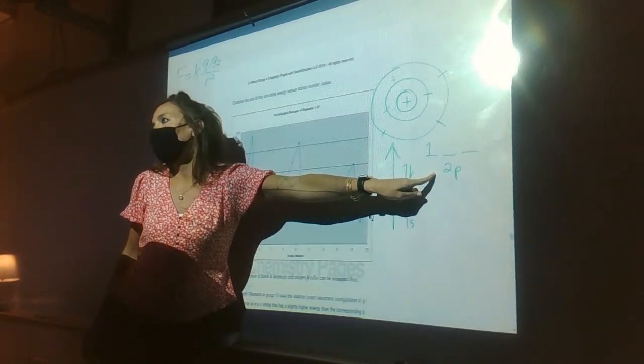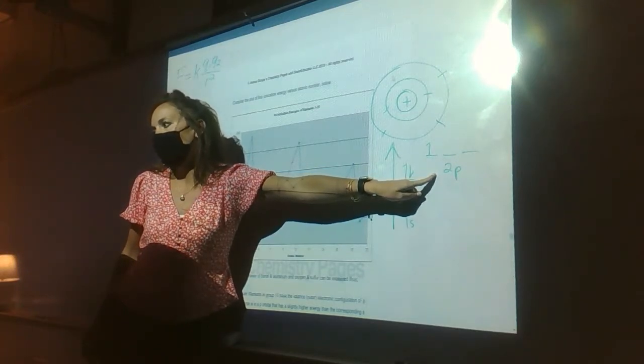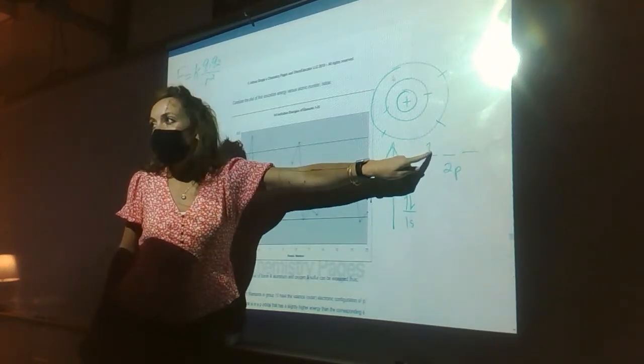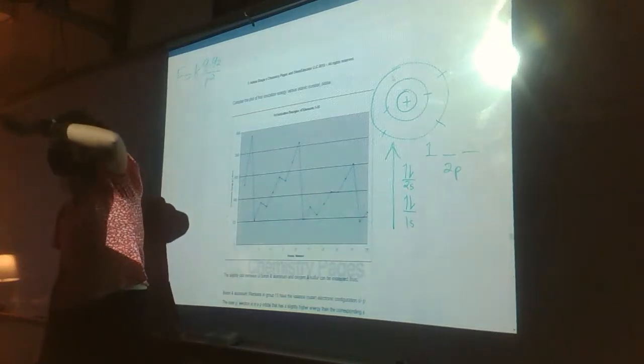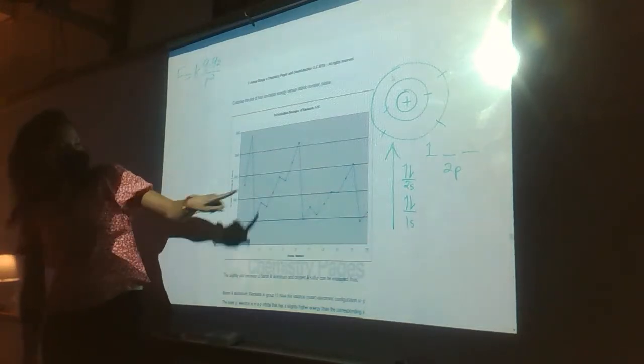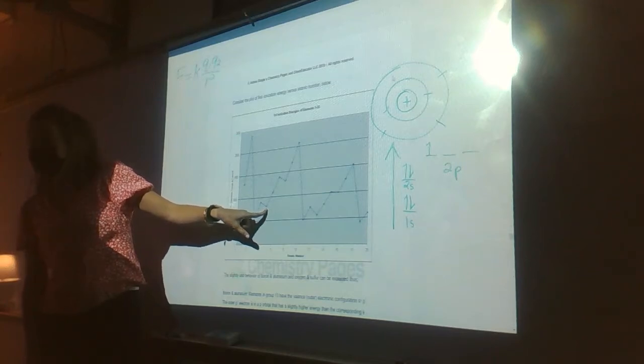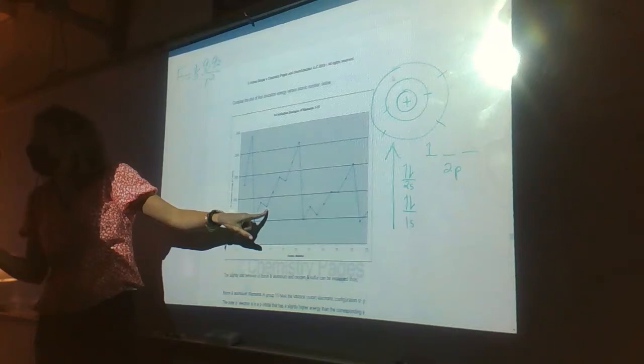Is it just a little bit farther from the nucleus than the S? Yes. So from beryllium to boron, I added a new sublevel that's just slightly farther from the nucleus. So the ionization energy is slightly lower. I increased my distance just a little bit.